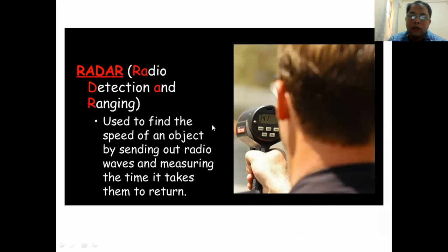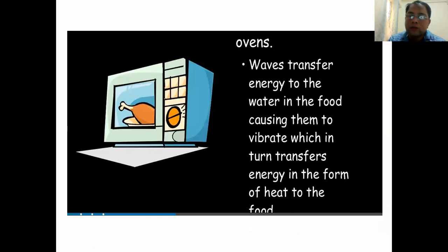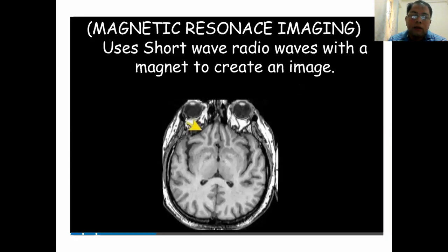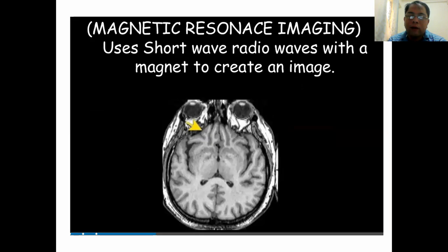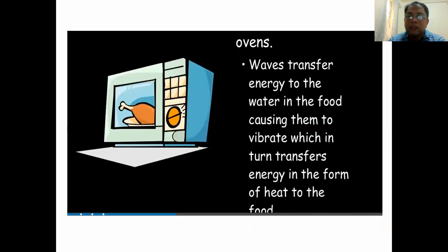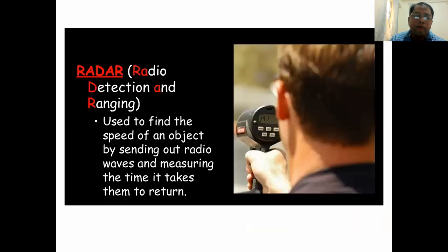But there are also those used in detecting planes, to know if there are enemy planes entering a country. We also have the MRI. MRI is also a way of using radio waves, together with, I think, some kind of magnet.